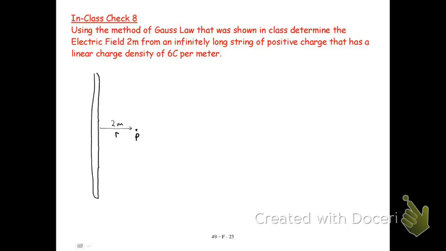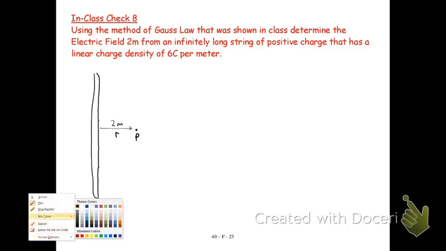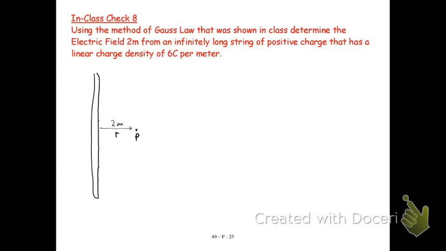And I want to make up a Gaussian surface that would work for this. So I can't do a sphere, but what I can do is a cylinder. I'm going to draw it like that. So it's like that.